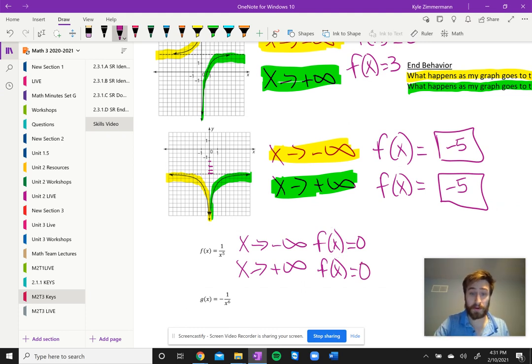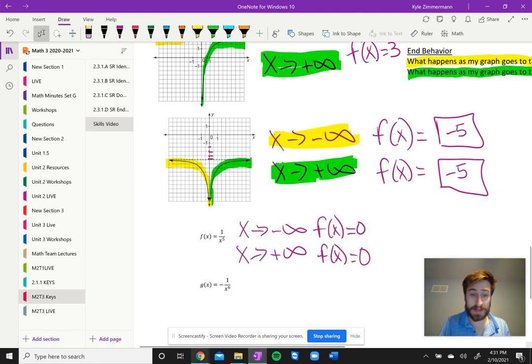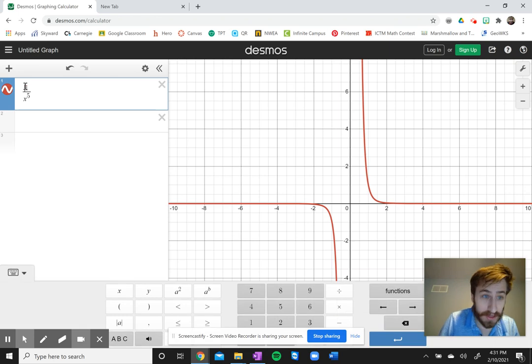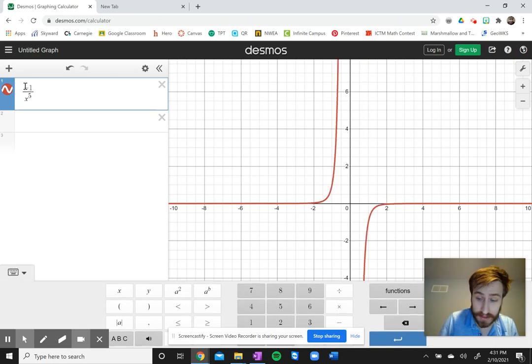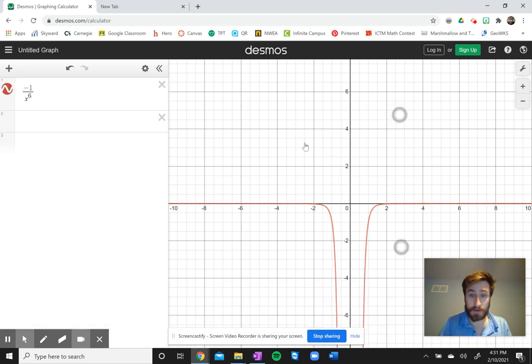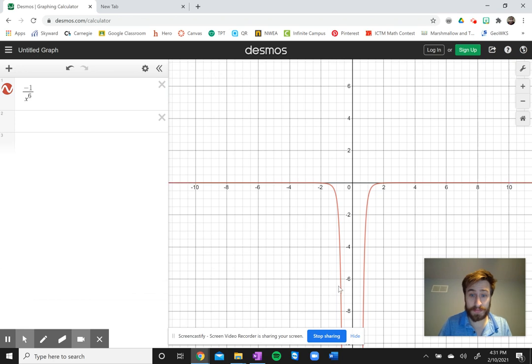Let's go ahead and do one more. What happens when it's a negative 1 over x to the 6? So I'm going to adjust my Desmos. Looking at this, if you look at the end behavior, as x is approaching negative infinity, it's getting really, really close to 0.